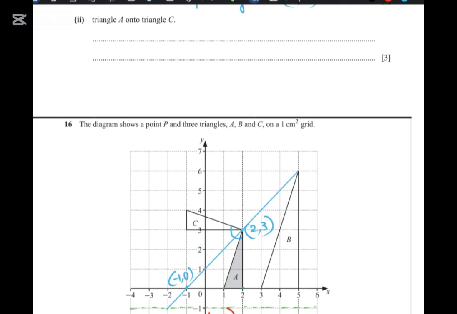You will write here: rotation, center of rotation is 2, 3, and angle is 90 degrees clockwise. This is done.